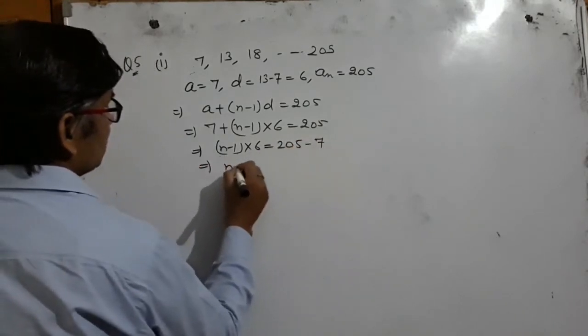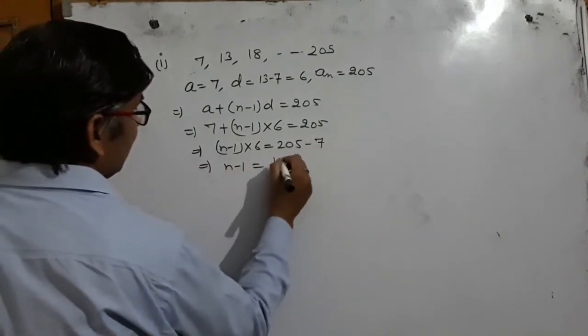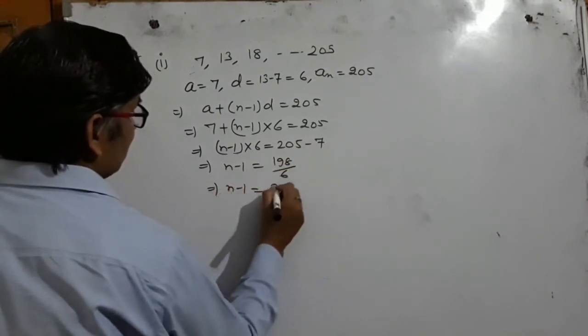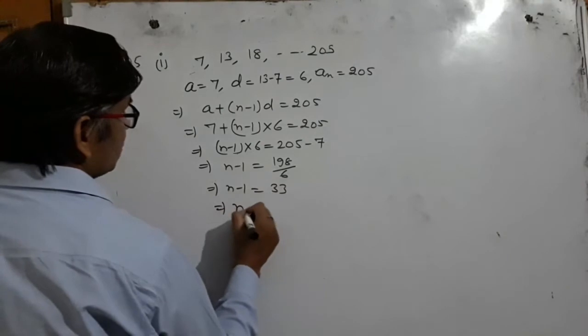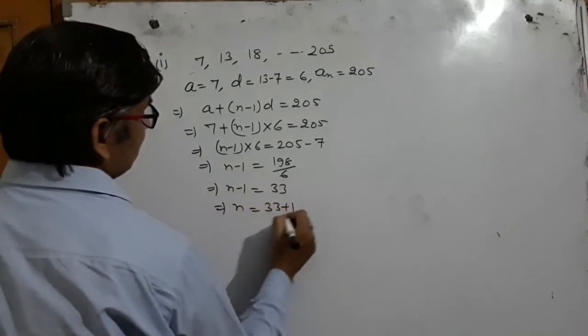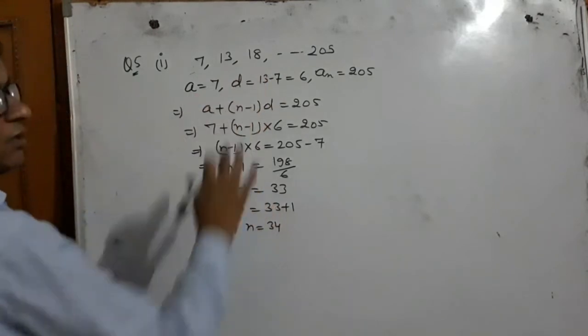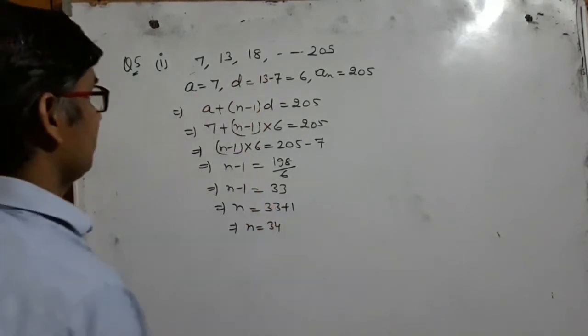So n minus 1 equals 198 upon 6. 198 upon 6 is 33. So n equals 33 plus 1, that is 34. So 34 terms are in this AP.